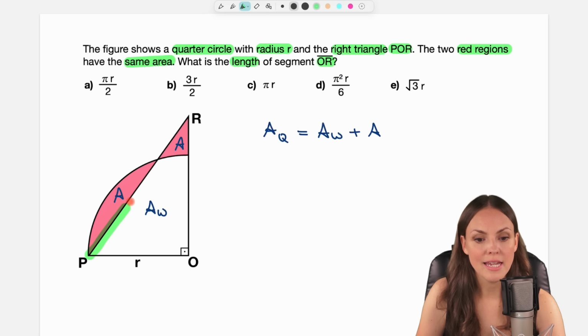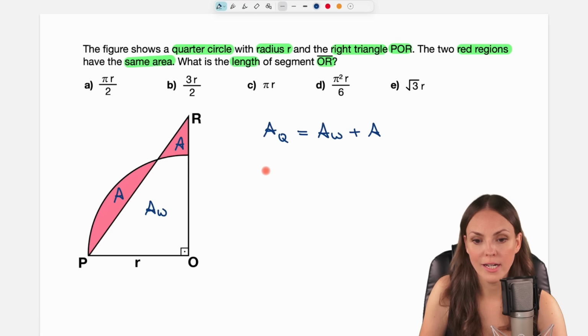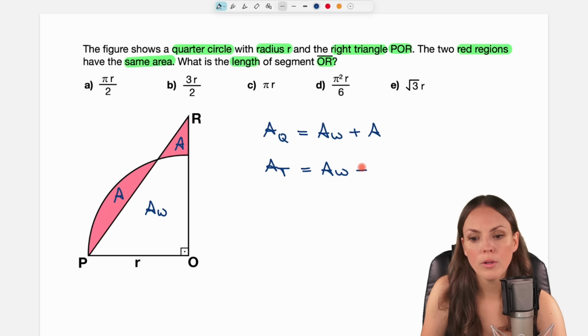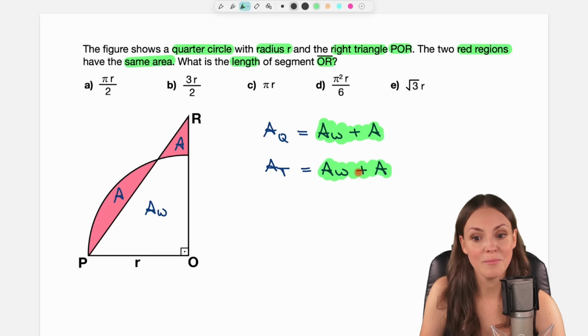And if I do the same thing with the triangle, we can see that this triangle consists of the white area and the red area. So if I want to find the area of this triangle, which I can call T, then this would be the white area, W, plus the red area, which is my A. And if I compare these two now, W plus A, W plus A, they are the same.